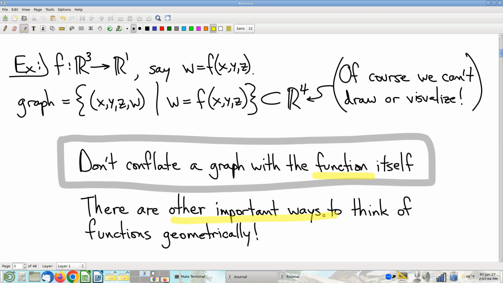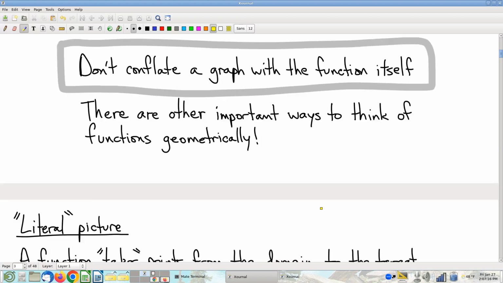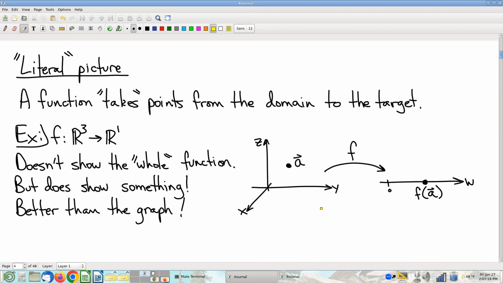If you use a graph interpretation of a different construction that's not a graph, you're going to get nonsensical interpretations.